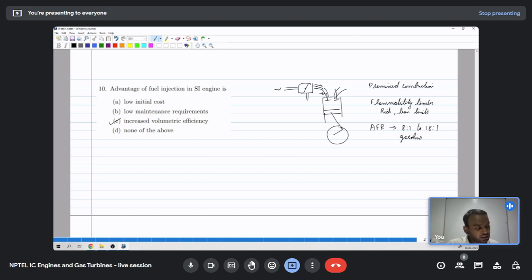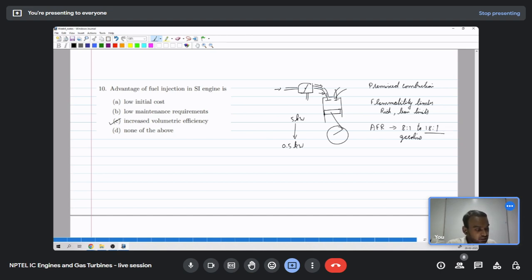And now assume we have an engine, say it is a 5 kilowatt engine, but currently I need to generate only 0.5 kilowatt. Assume the vehicle is going on a street in city traffic where the speed is very low and there is not much acceleration, so the power requirement is very low. For this low power output, I can just reduce the fuel input, but then I will fall outside of the lean limit.